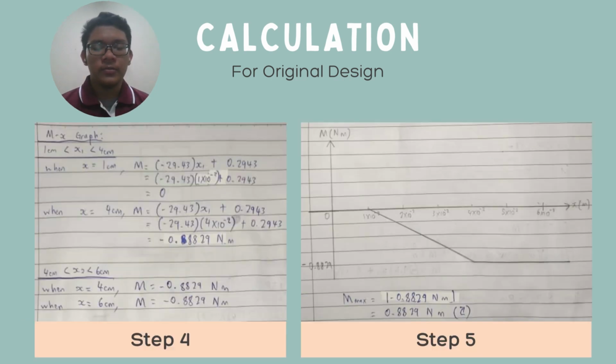For step 4, we can input all the distances into the formula of bending moment for parts 1 and 2. And for step 5, we can input those values into the graph to determine which value has the highest amount, be it counterclockwise or clockwise.